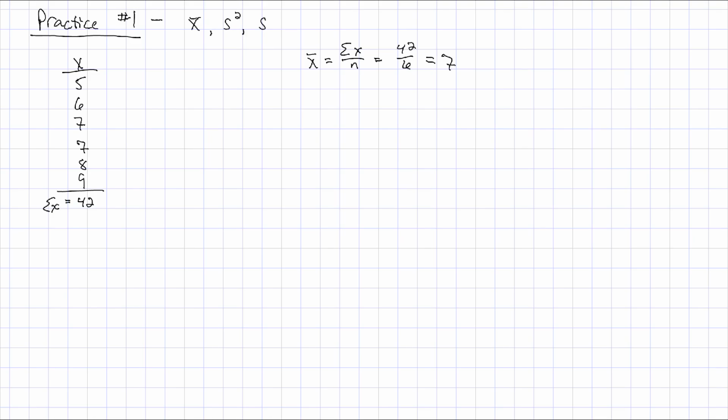And now we can calculate the variance. So we have the 2 equations for the variance. Which one you use is up to you. I like to use the sum of our x squares minus n times x bar squared, divided by n minus 1. I prefer this method for two reasons.